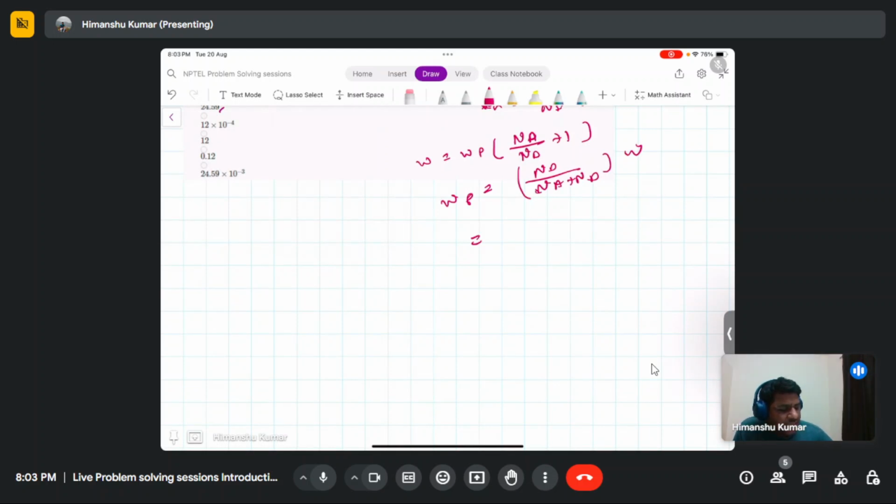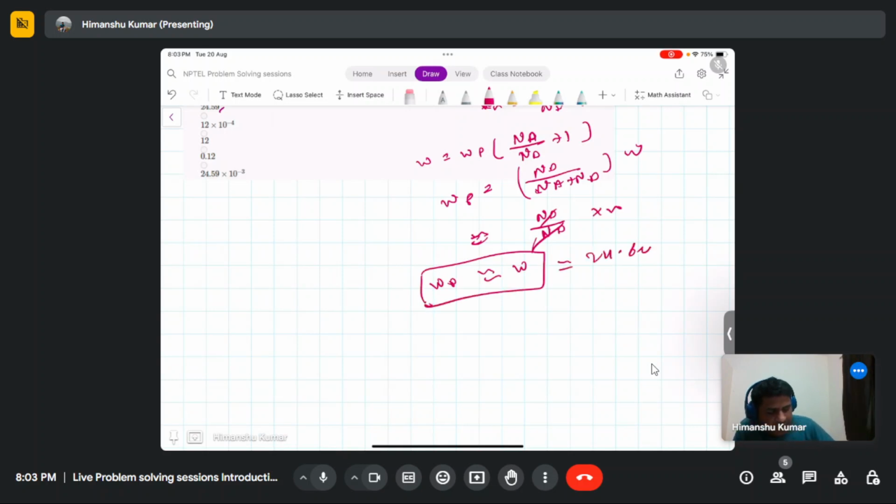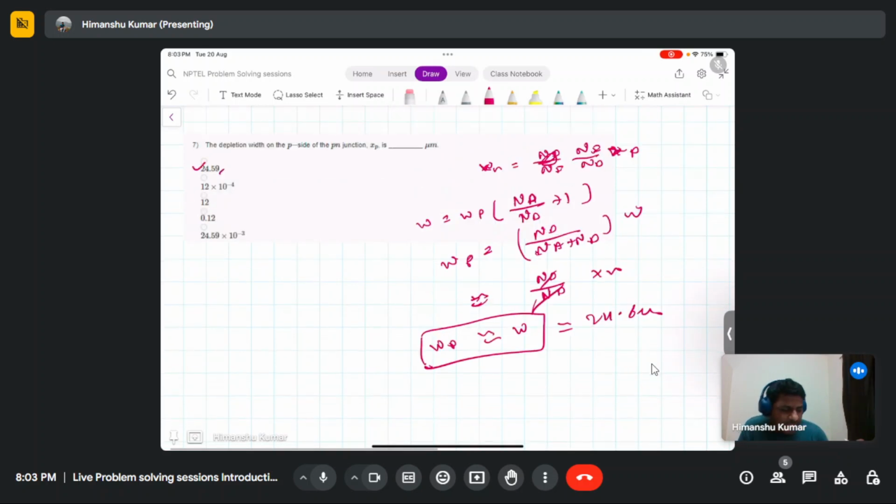So it will become roughly Nd by Nd times W, and this will get cancelled. Wp will be similar to W, so this will be equal to 24.6 micrometer. So the correct answer will be this.